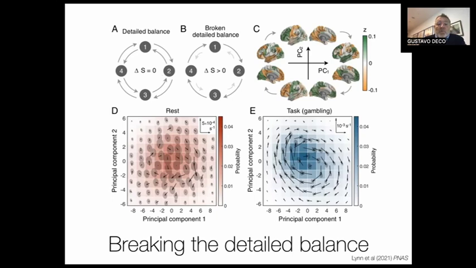There is no irreversibility, so the production entropy is 0, and there is no arrow of time.